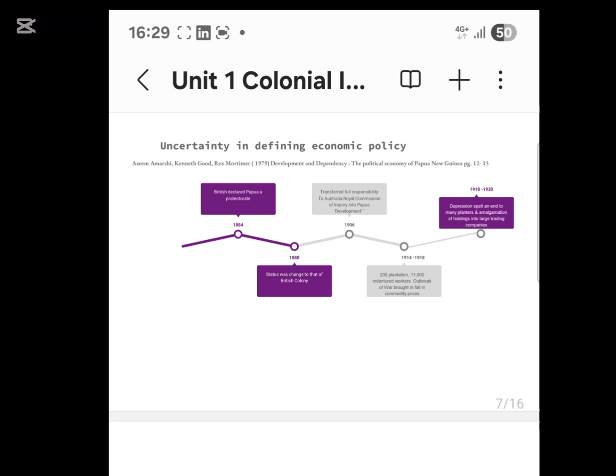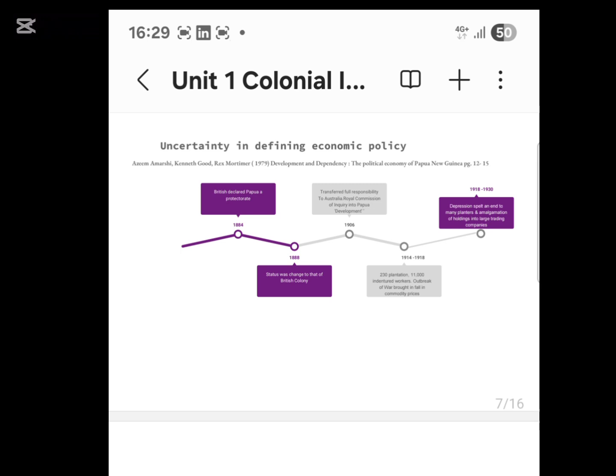So that occurred in 1884. By 1888, that status was changed to that of a British colony. So you see, from 1884, it took 4 years to change that status to a British colony. So the Papua region became a British colony in 1888.